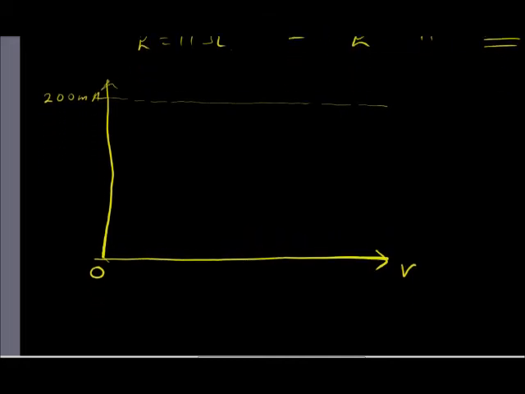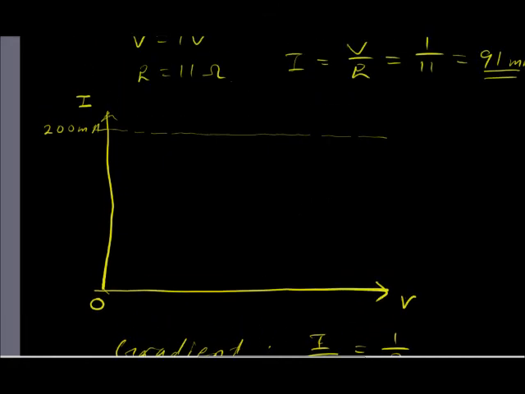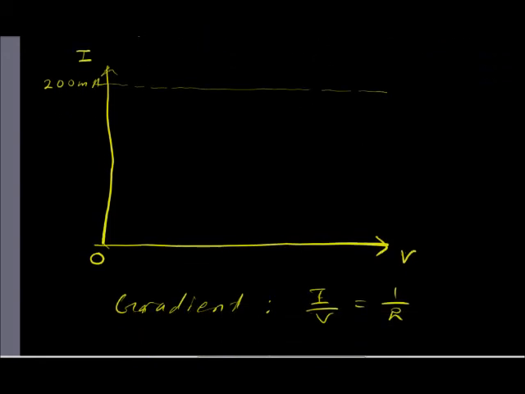And one more thing to point out is that because this is an IV curve, the gradient is given by I over V, and this is nothing more than the inverse value of resistance. And we know that the resistance will increase when the voltage across the lamp is increased.